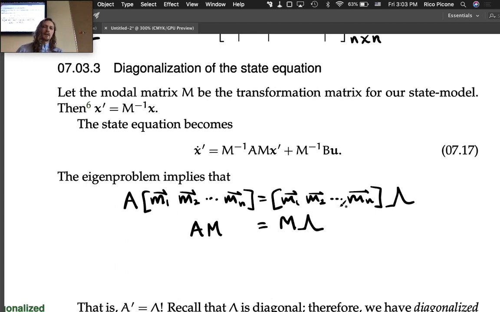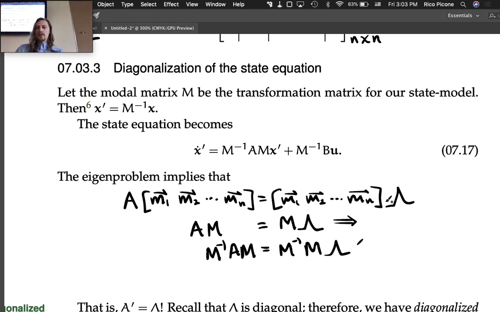Let's see if we can get this term to pop up here. That's my goal. I want to see this term pop up and see what it's equal to. M inverse AM means I need to left multiply by M inverse. M inverse AM equals M inverse M lambda.